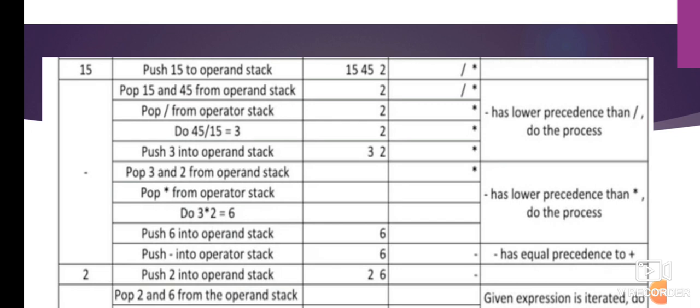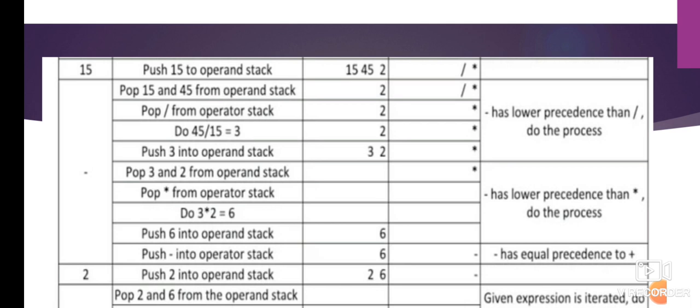Then pop 15 and 45 from the operand stack and pop slash from the operator stack, right? Since they have equal precedence, we remove the slash operator. So 45 divided by 15 is equal to 3, and push 3 into the operand stack, right?